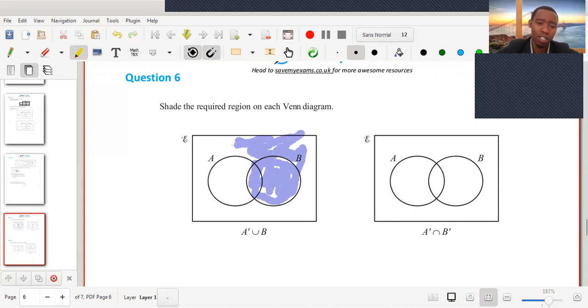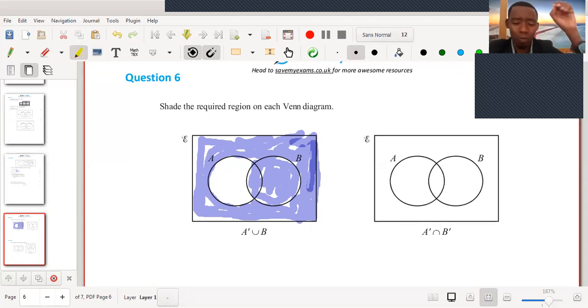So we shall shade outside, but we don't touch the part of A alone. Is that okay? I think now it's fine. So we are shading A complement union B.